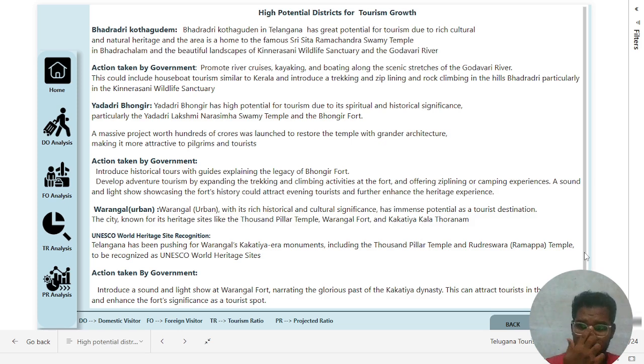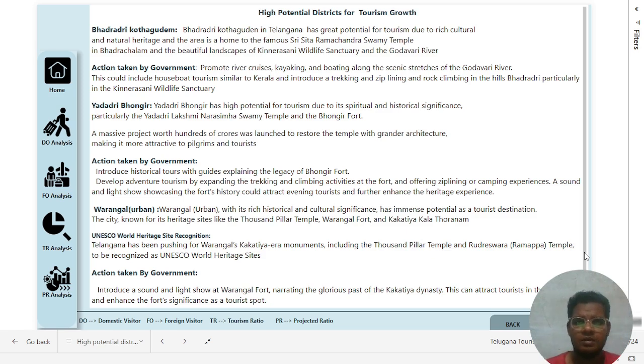The Kakatiyans lived their life very beautifully, with architecture, spirituality, and culture.